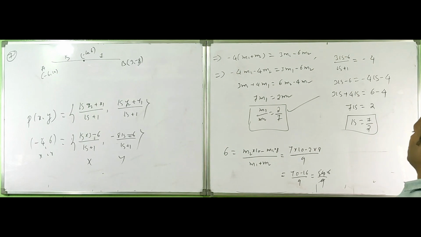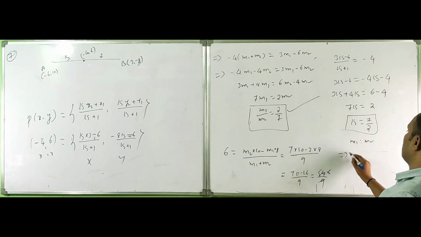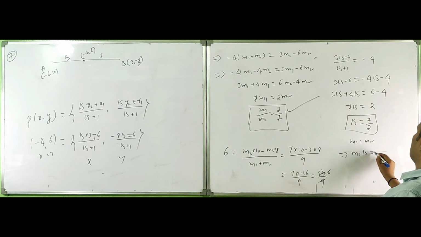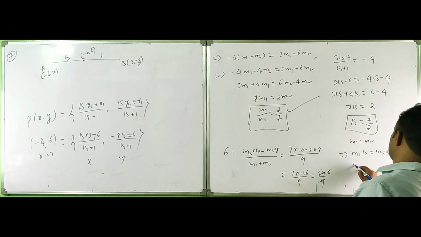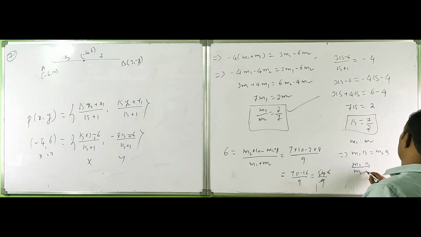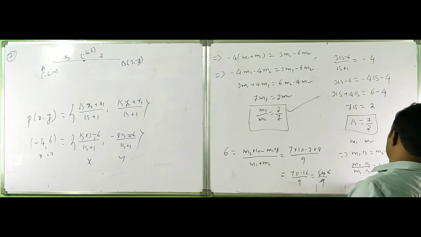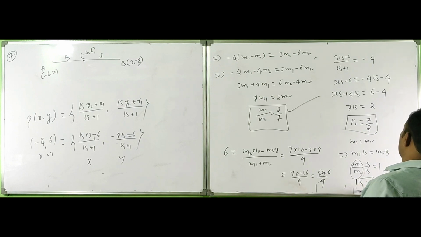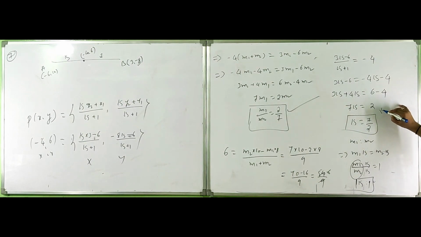So here, what we consider is the ratio m1 is to m2, so this can be written as m1k is equal to m2k, so m1 by m2 into k by k is equal to 1. So this whole value becomes k is to 1, because k is equal to m1 by m2, which is 2 by 7.